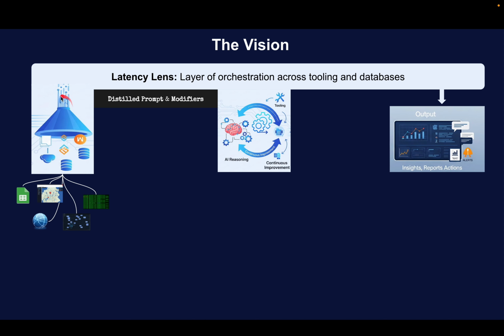It looks at them as a unified lens, generates a distilled prompt and modifiers, and through continuous reasoning, it's always able to self-improve and also prompt you for better data on how, or in case there is any challenge or in case there is any hallucination. Like everything, it's not perfect.